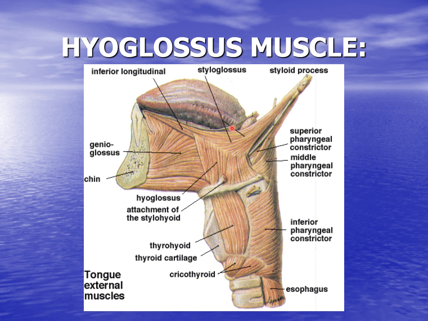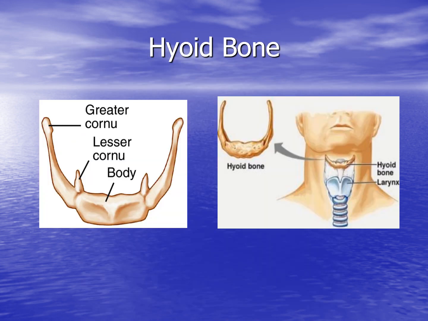If you want to know the action, move the insertion towards the origin so it depresses the tongue. And the nerve supply, as we have said, cranial 12, the hypoglossal nerve. This is the hyoid bone.